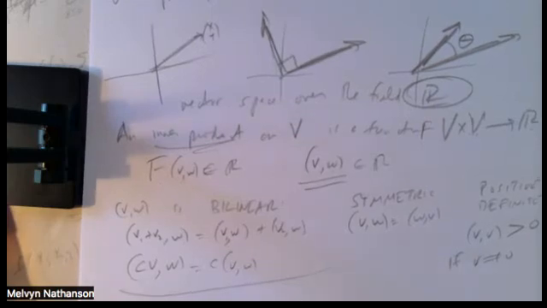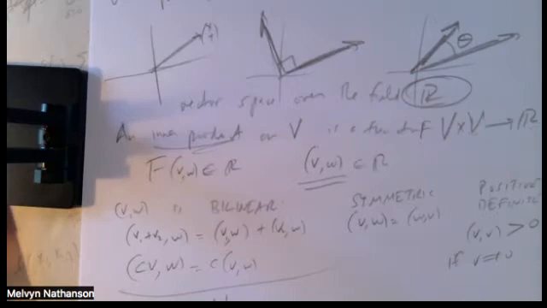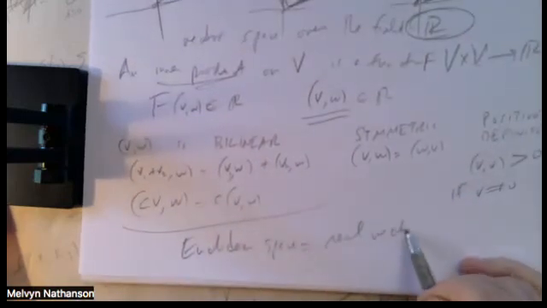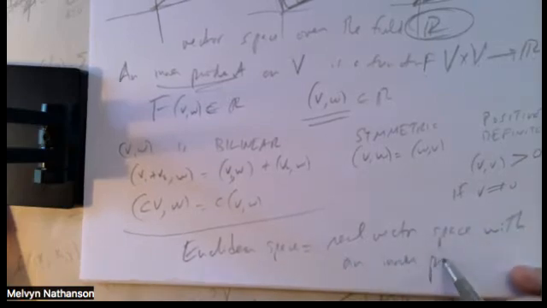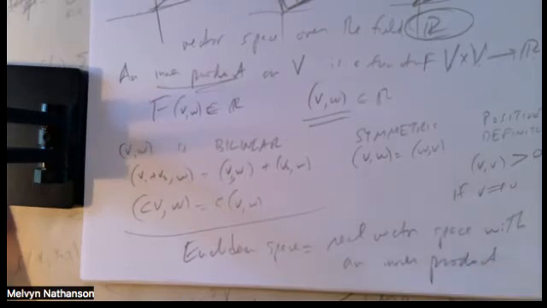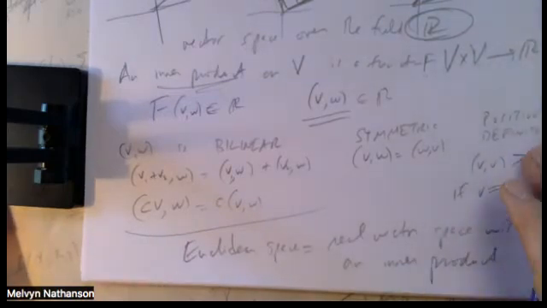And when one says Euclidean space, this means some real vector space with an inner product. Okay, this is just the definition.